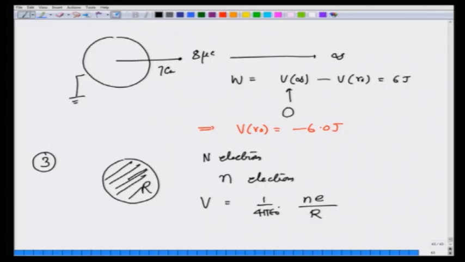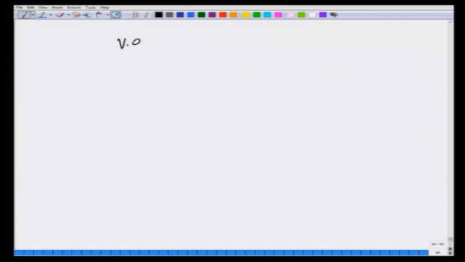If I bring an extra electron now, the work done bringing that extra electron is going to be V times E, which is going to be 1 over 4 pi epsilon 0 n E square over R. This is from going from n electrons to n plus 1.